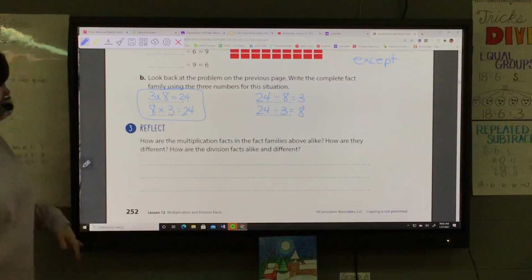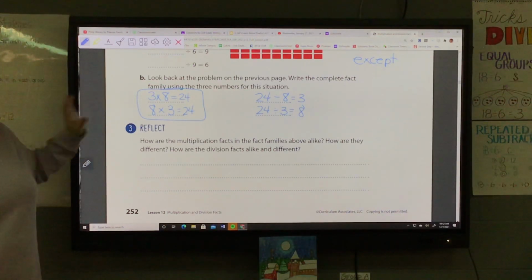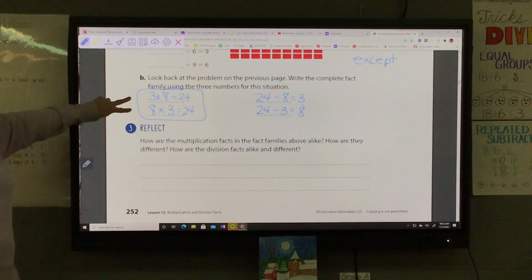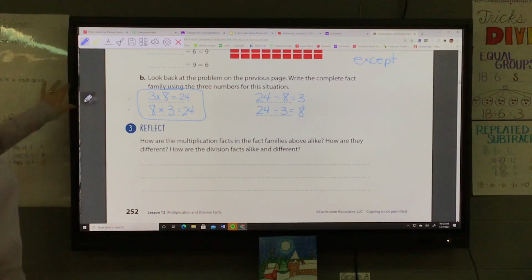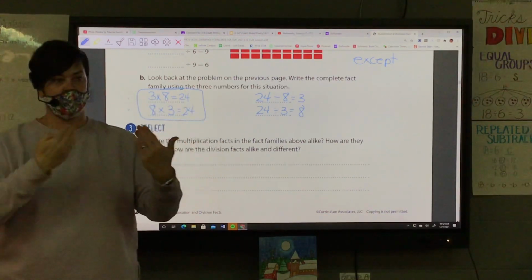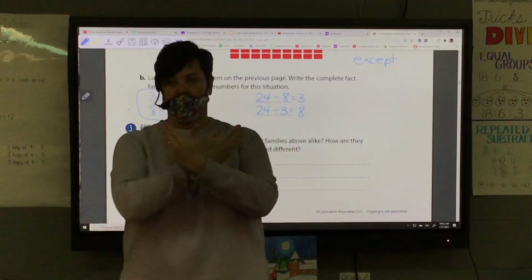All right. Now, how are these different? Write it down. You wrote how they're alike. Now tell how they're different. The only difference is what? That they're switched.